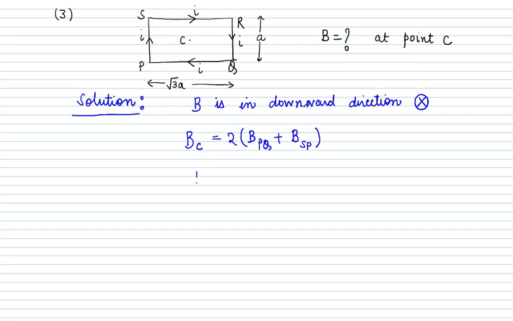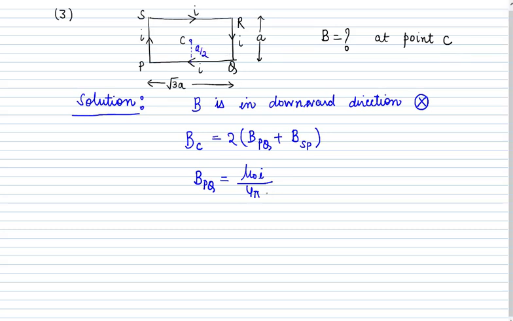First of all, we'll calculate the magnetic field due to the side PQ and then we'll double it. So write down the formula using the Biot-Savart's law. That is mu naught I, the current flowing, over 4 pi, and the distance: if the side is a, then the distance will be a by 2. If you go to the center from this side, the total distance is a, so this will be a by 2.